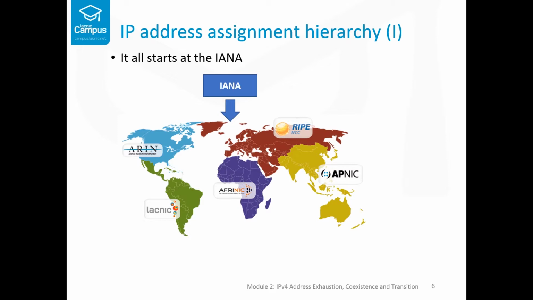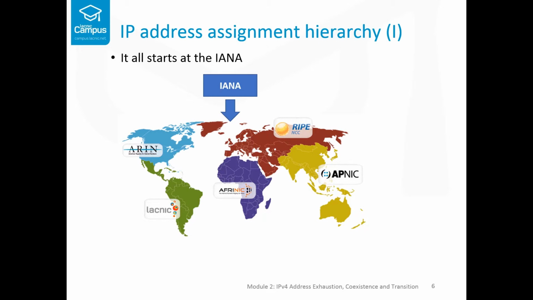Each RIR manages the address space received from the IANA according to its own policies, which are proposed, debated, and finally agreed internally by the RIR community. In certain cases, RIRs will sometimes assign space to a National Internet Registry or NIR. There are, however, few such cases worldwide and only 2 in the LACNIC region, Mexico and Brazil.